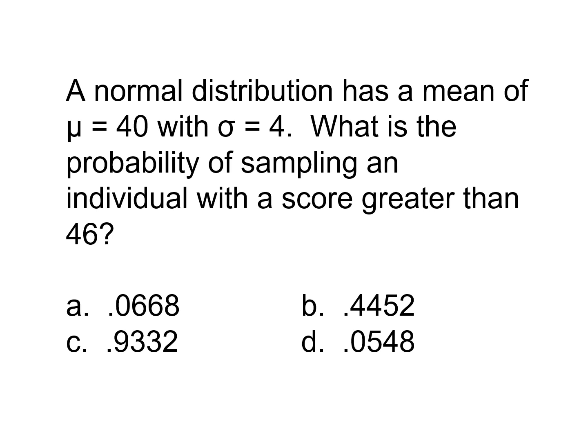Now, we have a normal distribution with a mean of 40 and a standard deviation of 4. What is the probability of sampling an individual with a score greater than 46? Well, what do we have to do first? First of all, we might want to draw our distribution, and we can put our mean of 40 and our x value of 46 and shade in the part of the distribution greater than 46.